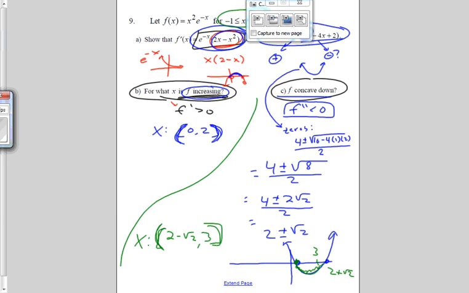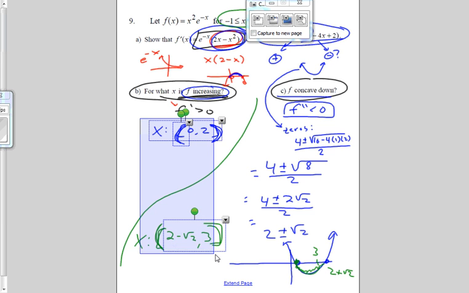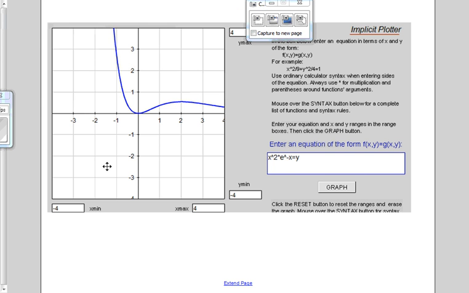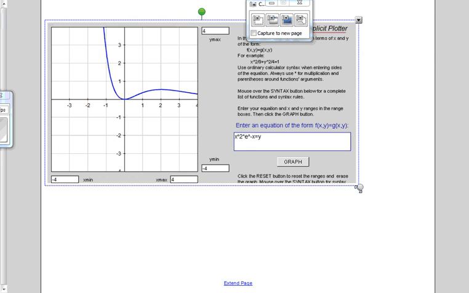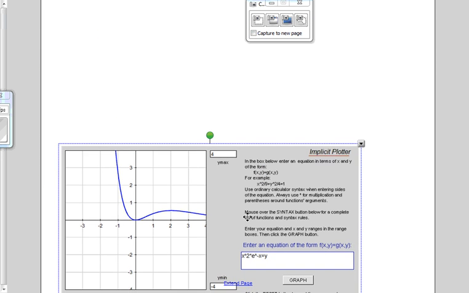So just to see if the answer that we found makes sense, we said that f was increasing from 0 to 2, and that it was concave down on the following interval. If we go to the next page, here's an actual graph of that function.